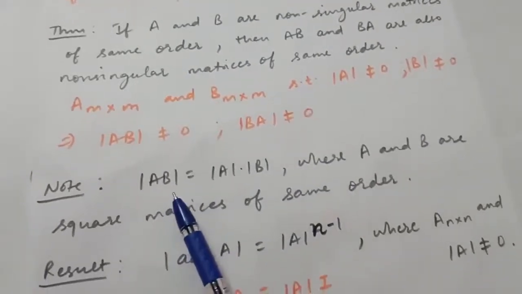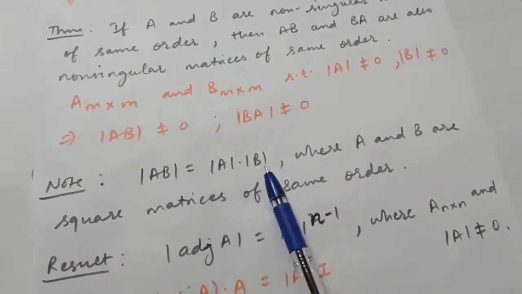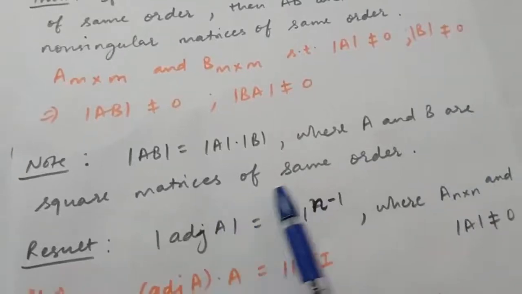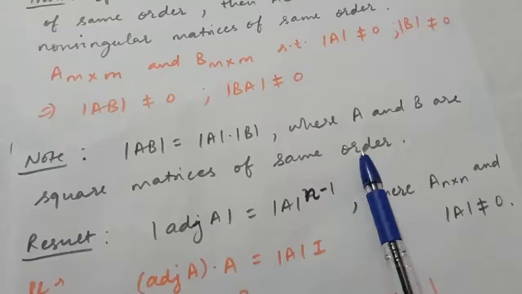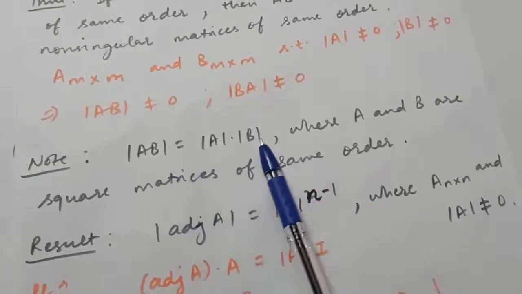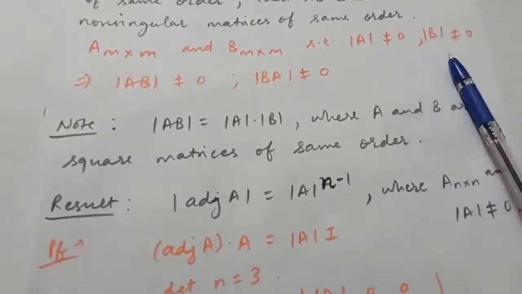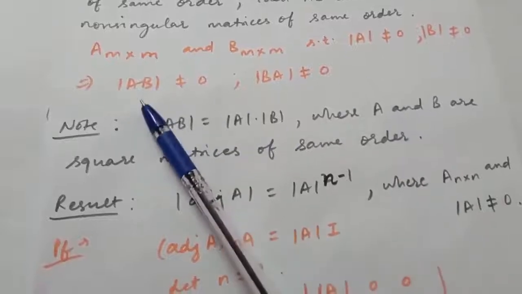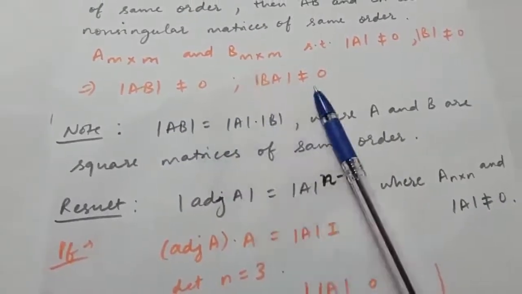Because determinant of AB is equal to determinant of A into determinant of B, where A and B are square matrices of the same order. And here neither A nor B has determinant equal to 0. Therefore, determinant of AB and determinant of BA will not be equal to 0.